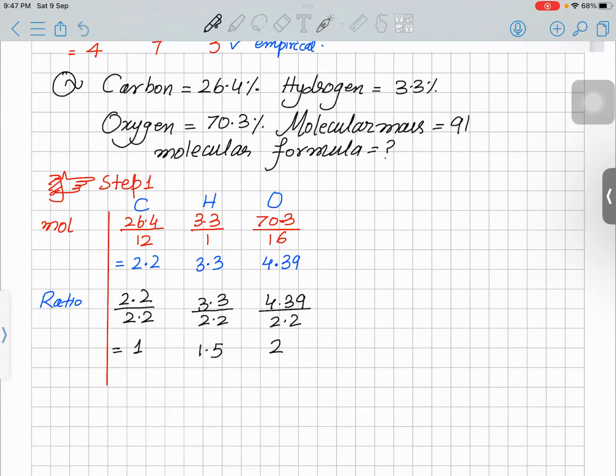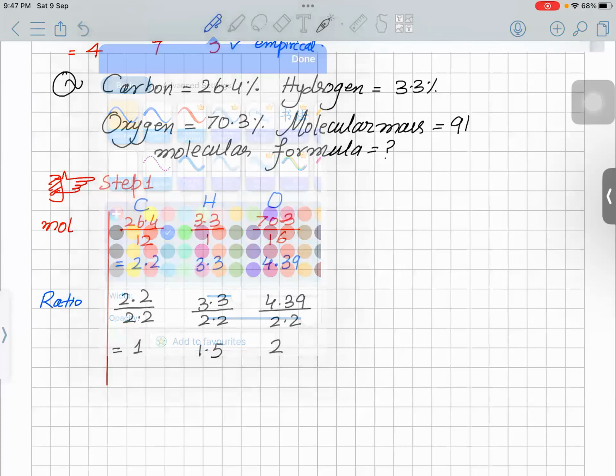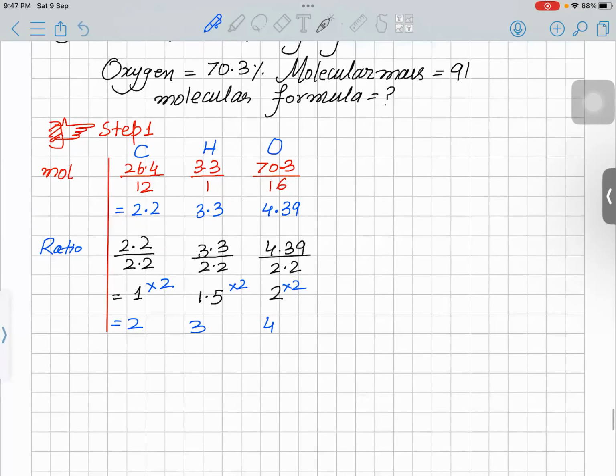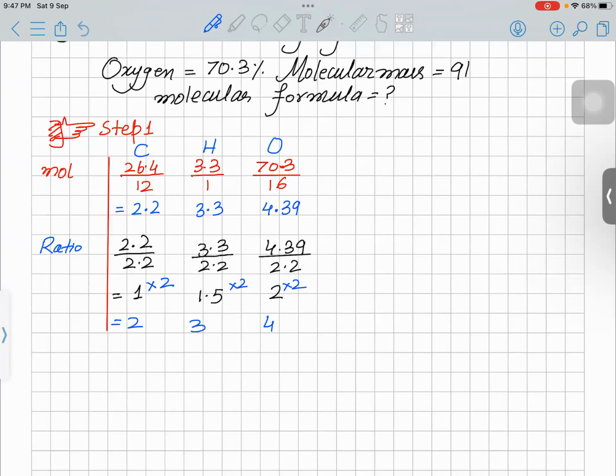So we have 1.5, so multiply by 2: 2, 3, 4. Now the empirical formula is C2H3O4.